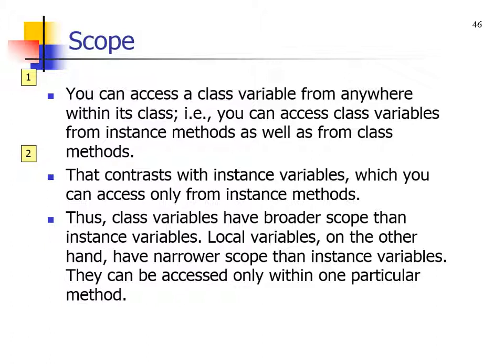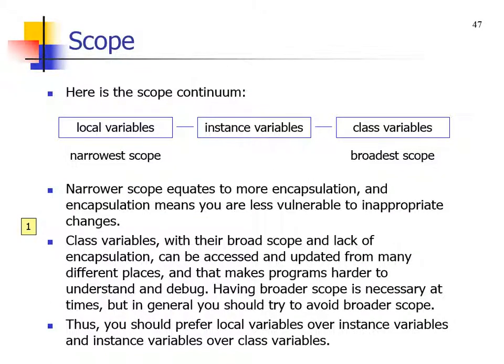Or the local variable. Makes sense? Like I said, some of this we've covered many times this semester. You have a local variable, an instance variable, and a class variable. Local is the very smallest. Instance applies to that object, or the instance of that object, and class gives you everything. Pretty straightforward, right?